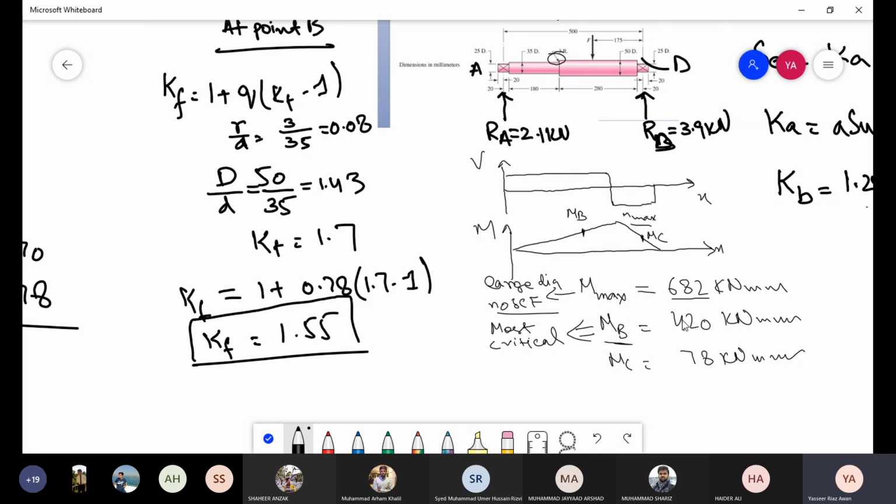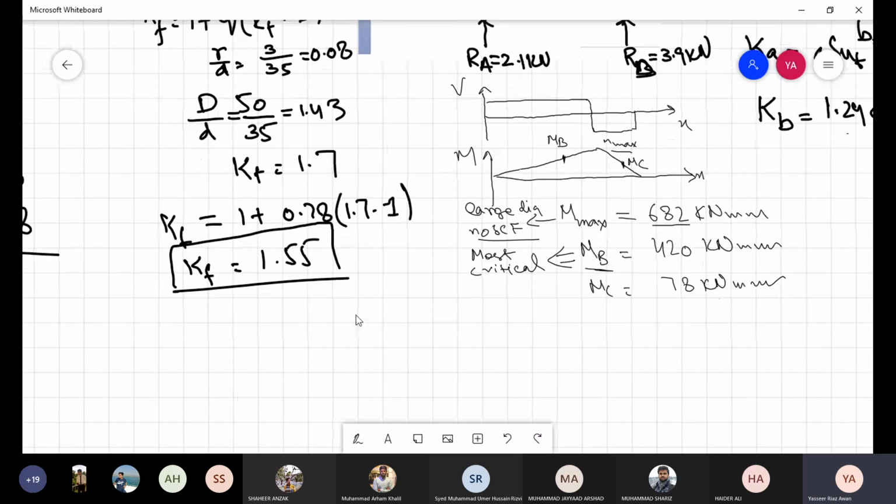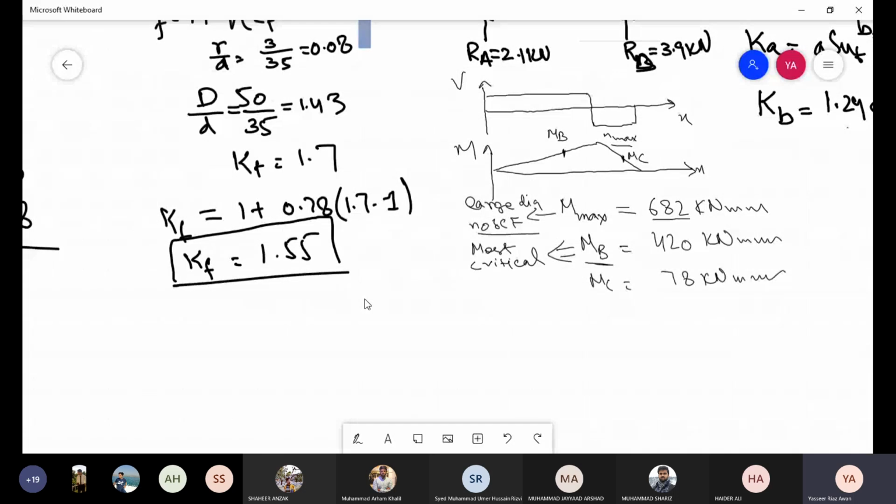So the moments are, you can say, equal, but here you are dealing with the smaller diameter, and at this point you are dealing with the larger diameter. Okay. So again, I think there should not be any confusion now that point B is the most critical point. Any question until now?